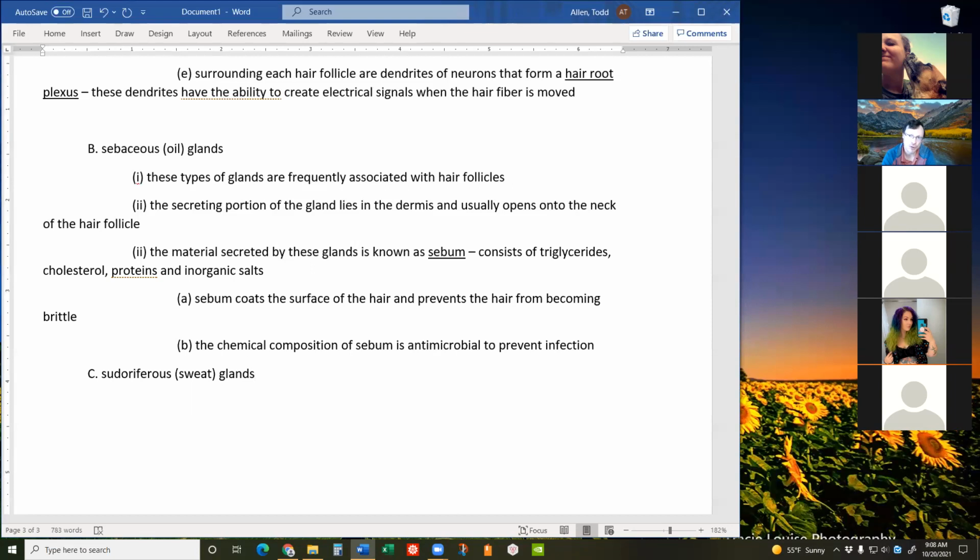And of course, if we don't bathe for a while and we sweat a lot, we're going to have some body odor, okay? So sudoriferous is a sweat gland. Sweat glands release perspiration onto the hair follicles or onto the surface of the skin through pores, which are the natural openings I was talking to you about.